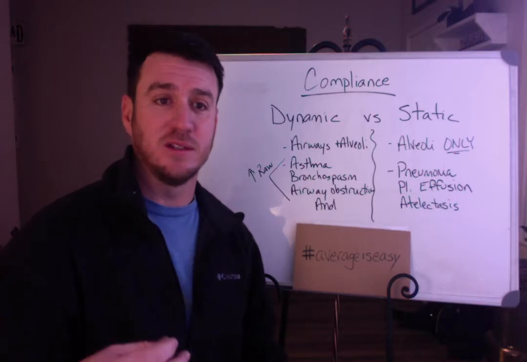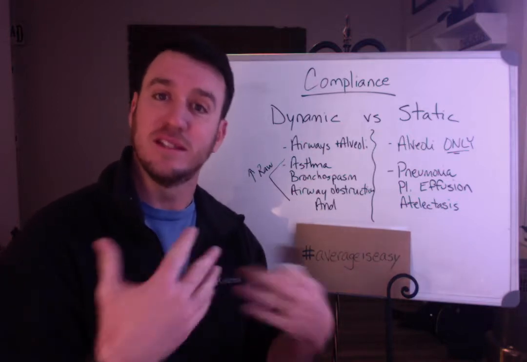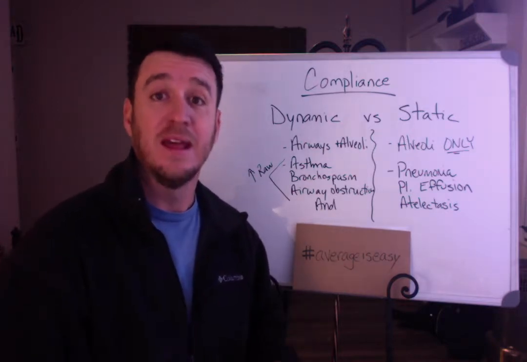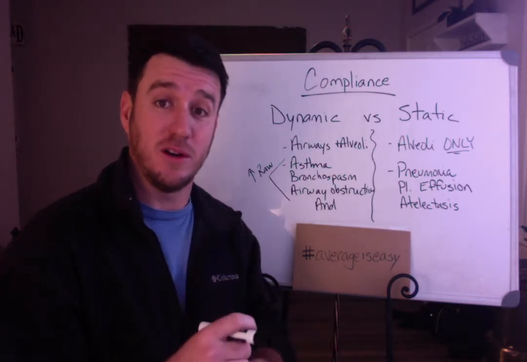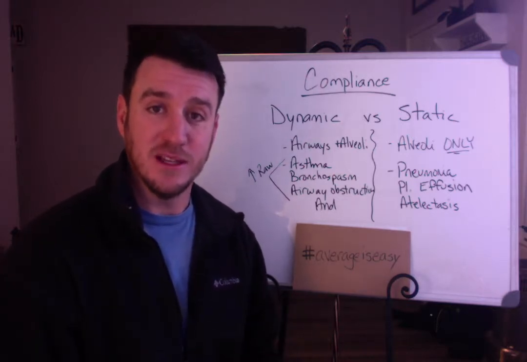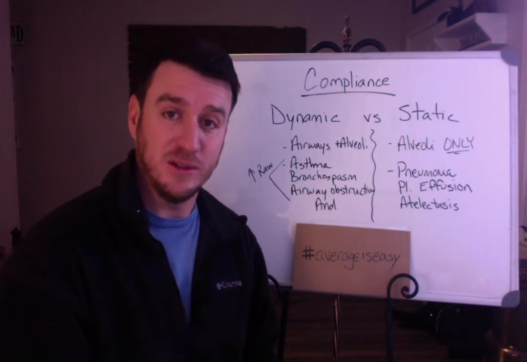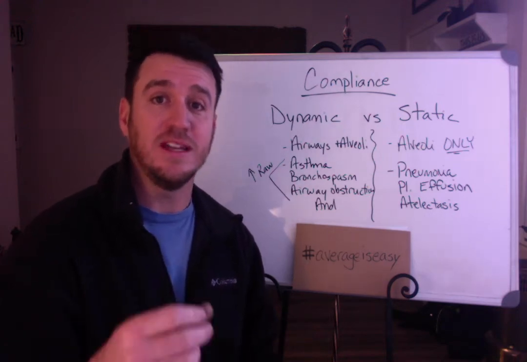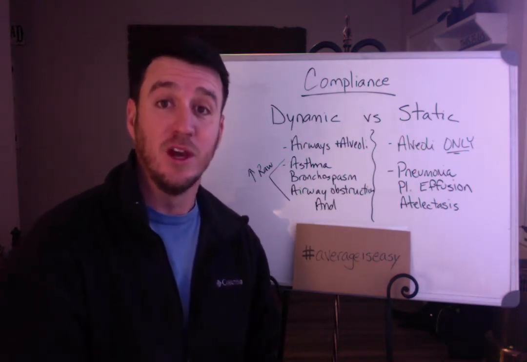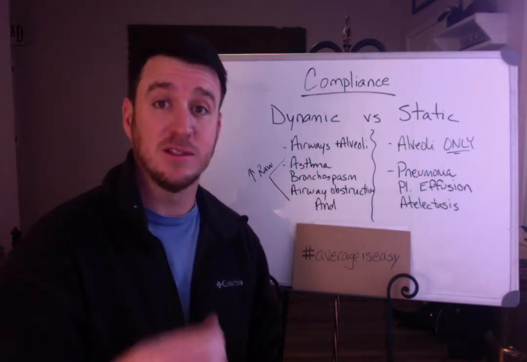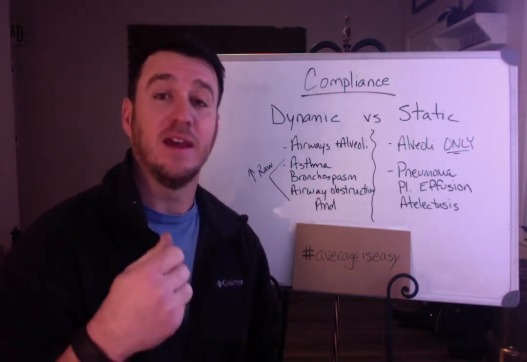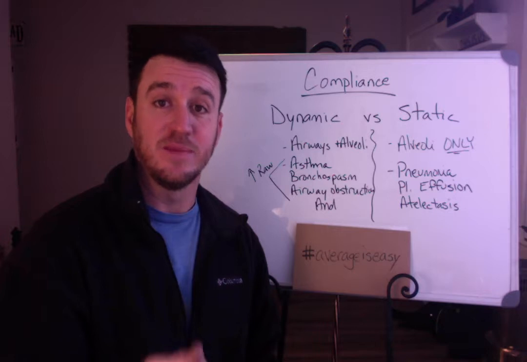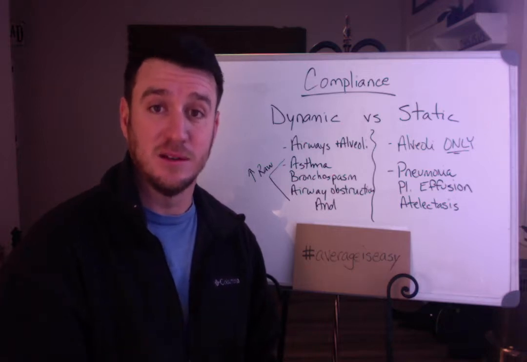Sometimes patients go into a bronchospasm that don't necessarily have asthma, okay? That's going to cause your airways to get smaller. It's going to lead to a higher peak inspiratory pressure, and it's going to lead to a decreasing dynamic compliance. Also, any type of airway obstruction would increase your airway resistance, would cause your PIPs to go up, and would result in a decreasing dynamic compliance, okay?